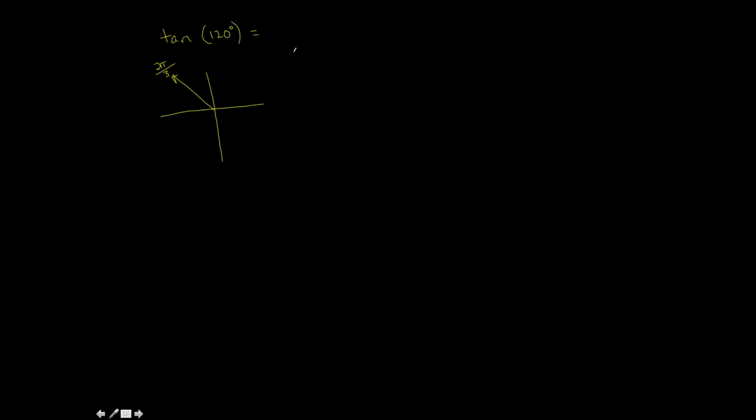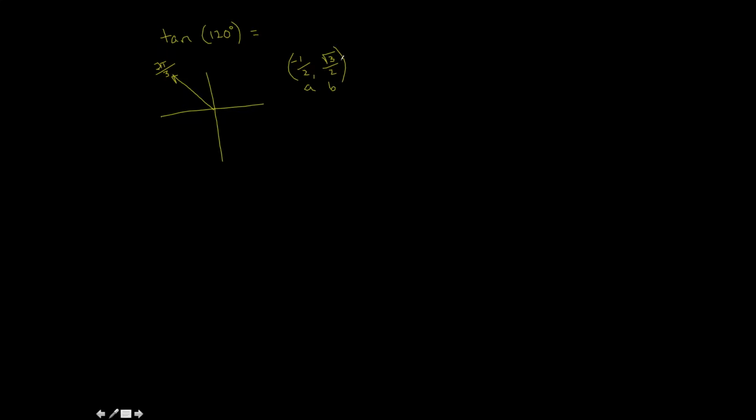Now, pi over 3s, again, have what kind of form? They have this form. The only difference is that you have to determine, since it's in the second quadrant, what value is going to be negative. Well, it's going to be the x value. So this is my a, this is my b.